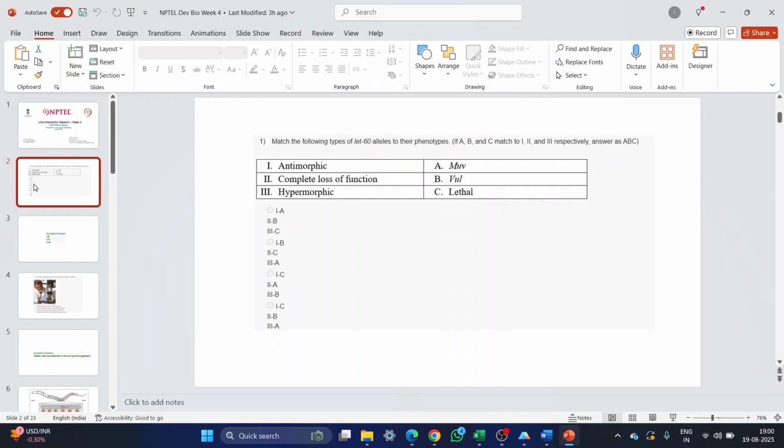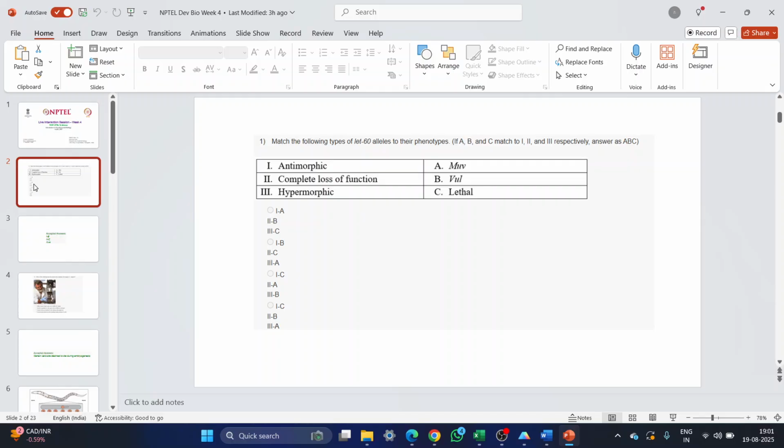Okay, so this is related to the vulva formation in C. elegans. If you have gone through the lectures of the last week, week 4 deals with the vulva formation, the different alleles which are involved, the different pathways which are involved in vulva formation, and what are the mutations that happen.